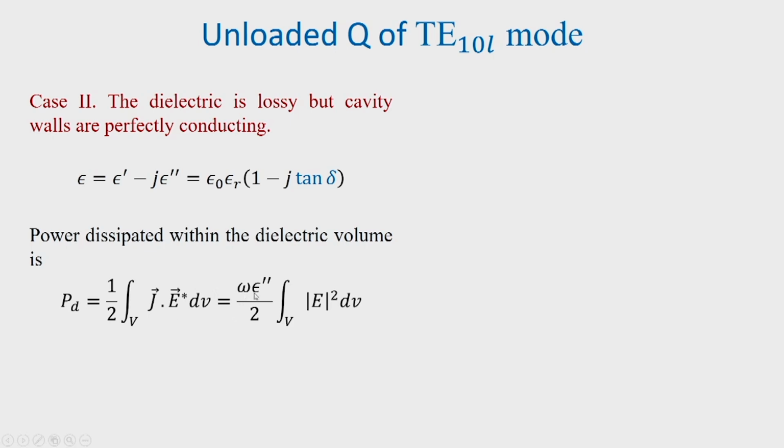omega epsilon double prime divided by 2 volume integral of mod of E square dV, and from there if we substitute the expression for electric field, we get a b d omega epsilon double prime E naught magnitude square by 8.